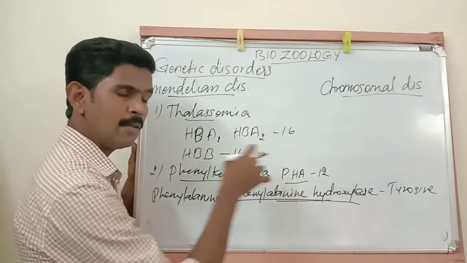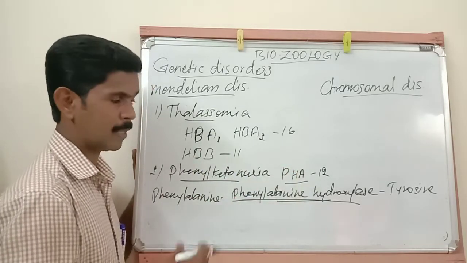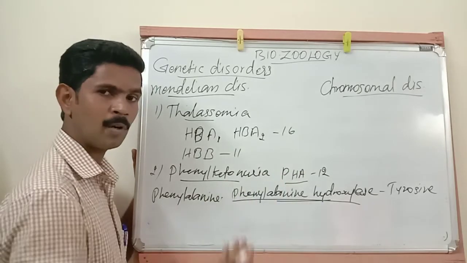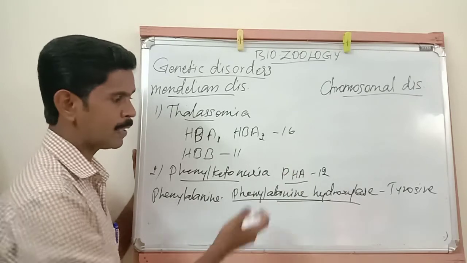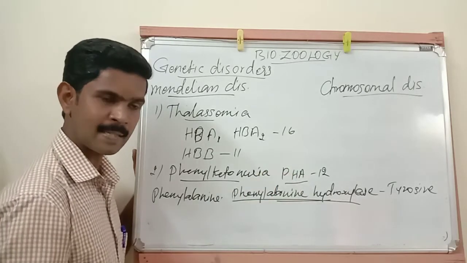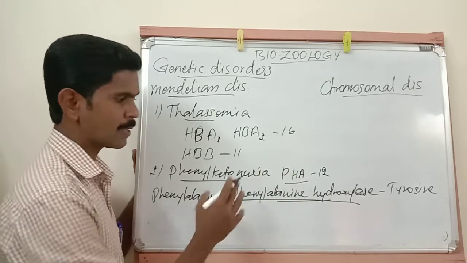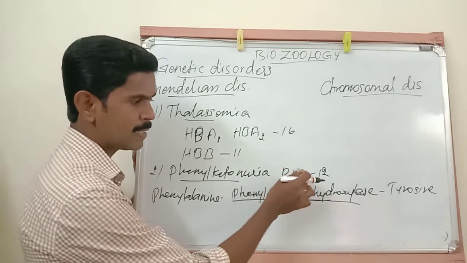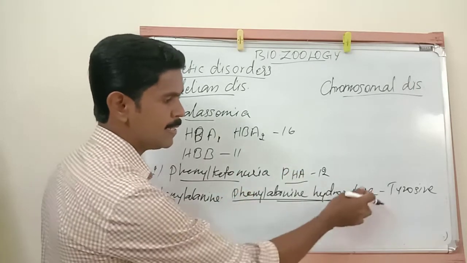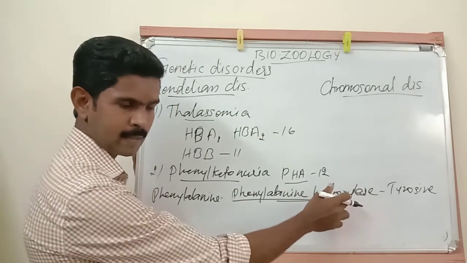Already told you this enzyme's production is controlled by the PHA gene. Because of some reason, this gene may be involved in mutation, and then it is converted into a recessive form. The recessive PHA gene is unable to produce the enzyme phenylalanine hydroxylase.